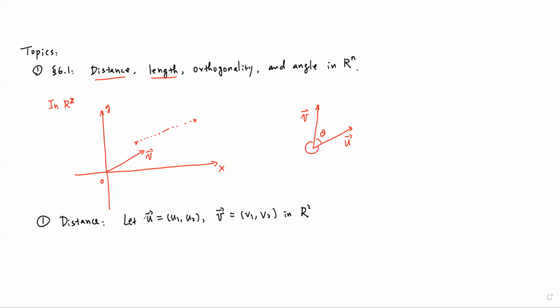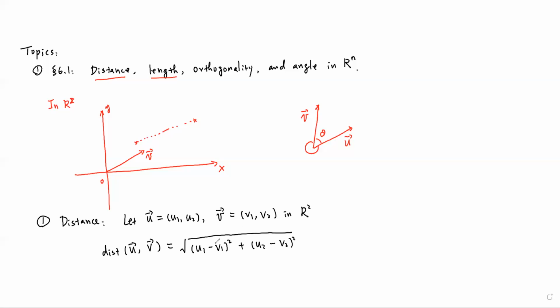Let U have components U1, U2, and the second point V have components V1, V2. Here, in this book, in this course, a vector and a point are the same, identical. The formula to compute the distance between the point U and the point V is: U1 minus V1 squared plus U2 minus V2 squared, then square root.